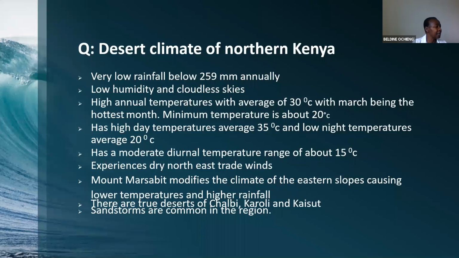The next one, it experiences dry northeast trade winds. We had mentioned southeast winds coming from some water body. So southeast winds are usually moist, but the northeast are dry winds. Mount Marsabit modifies the climate of the eastern slopes, causing lower temperatures and higher rainfall.